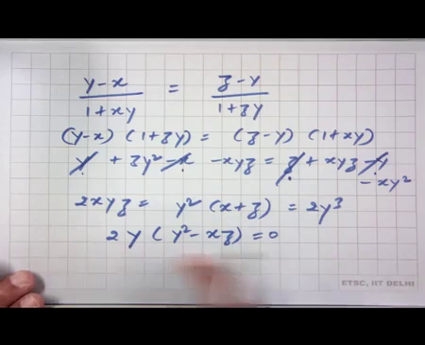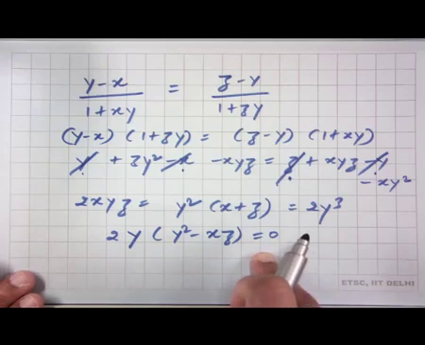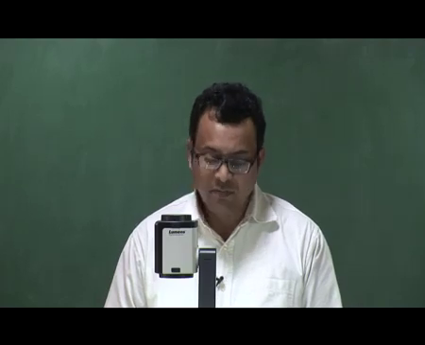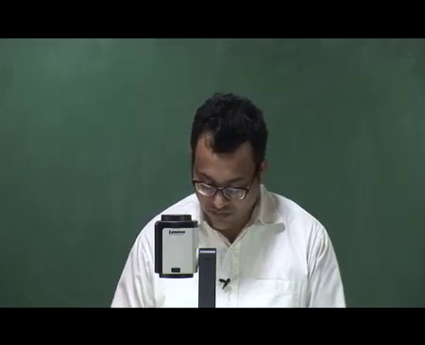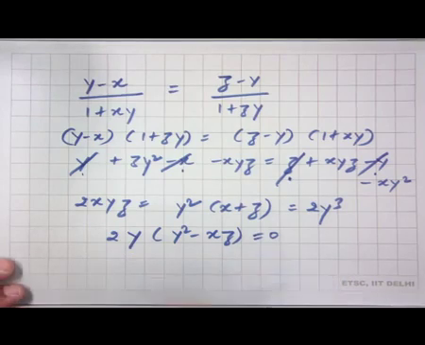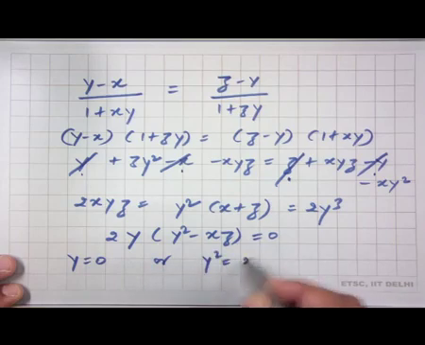So, this is a necessary and sufficient condition if both x, y, z and tan inverse x, tan inverse y and tan inverse z have to be in arithmetic progression. Now, from here there are only two possibilities. So, either y is 0 or y square is xz.